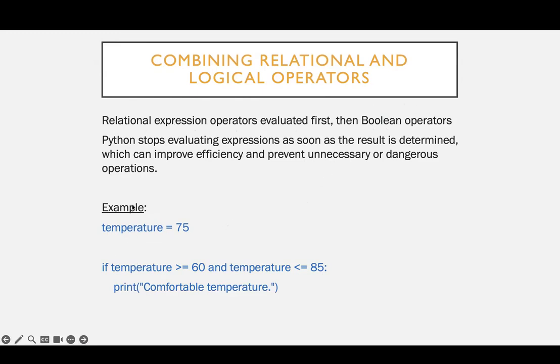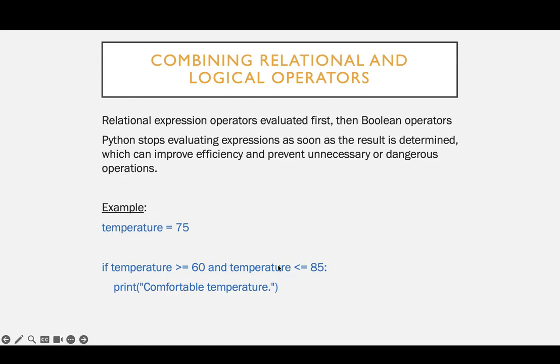Python is also going to stop evaluating an expression as soon as we can determine the result. So we can ignore the rest if we know for sure. In this particular case, temperature is 75. If temperature is greater than or equal to 60 and temperature is less than or equal to 85, we're going to print comfortable temperature.